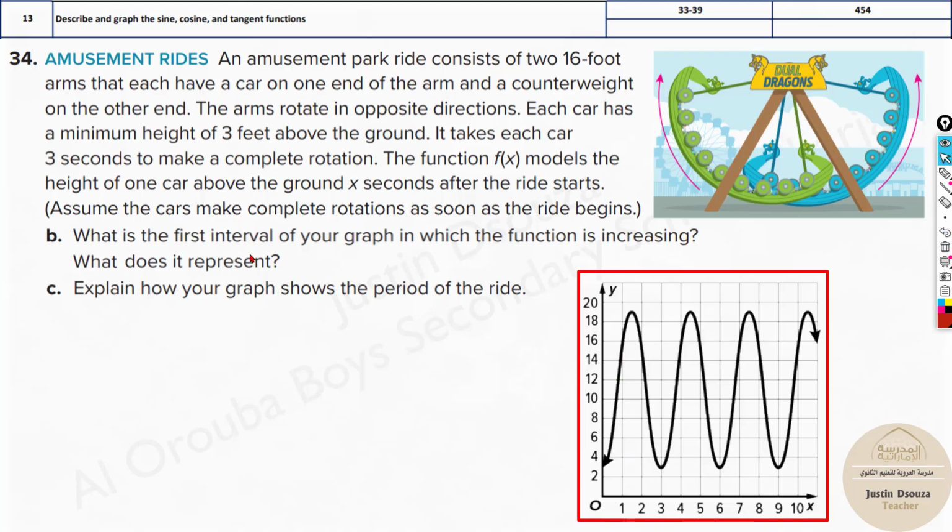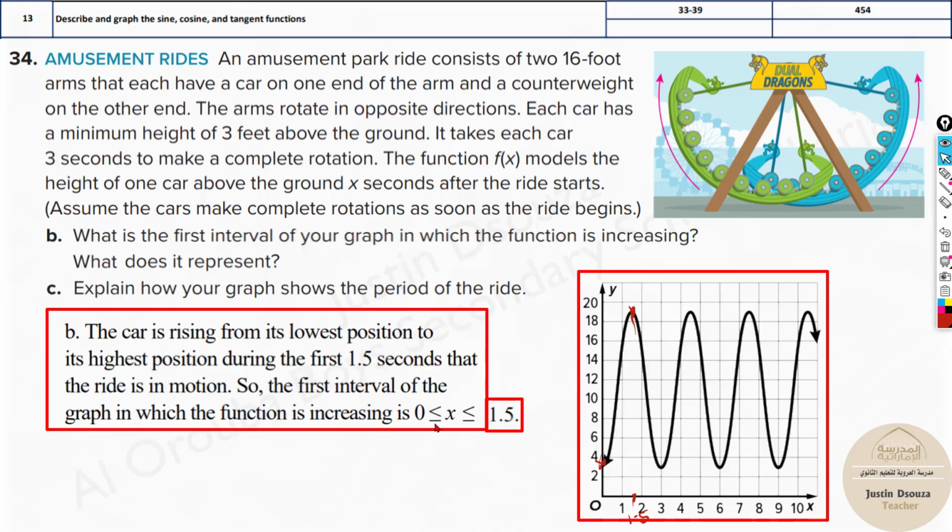Let's read this. What is the first interval of your graph in which the function is increasing? Where is the function increasing? It starts from here till over here, then it starts decreasing. So the interval is about 1.5, half of 3. So x is from 0 to 1.5. That's increasing; only the first interval they have asked.